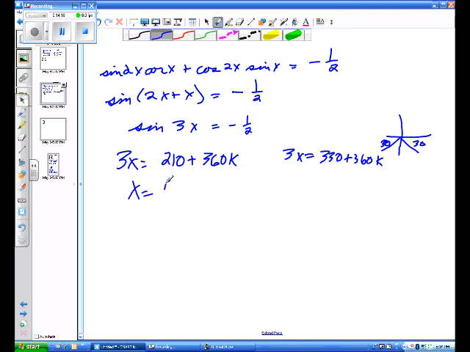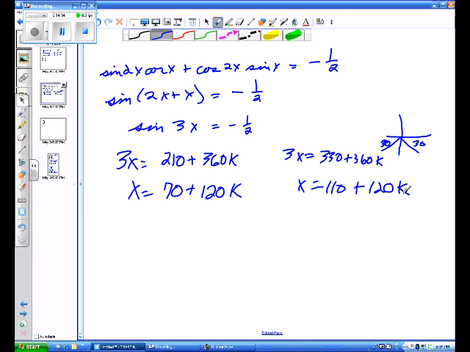So x equals 70 plus 120k, or x equals 110 plus 120k. And if we wanted all of our solutions, that gives us all.